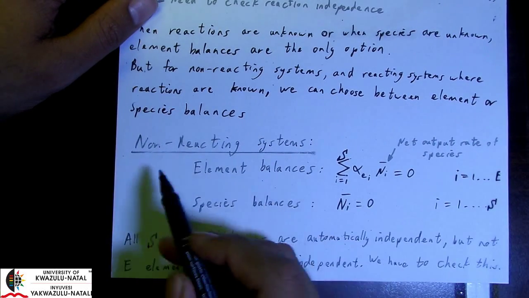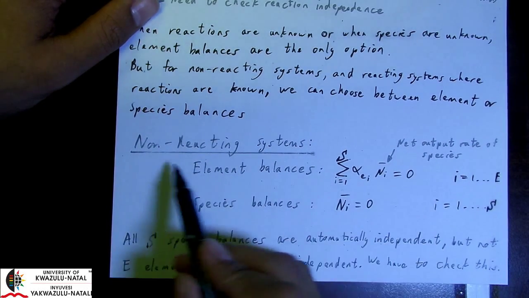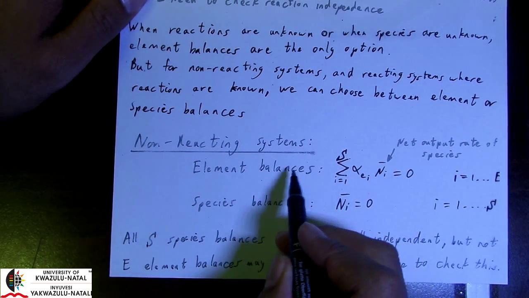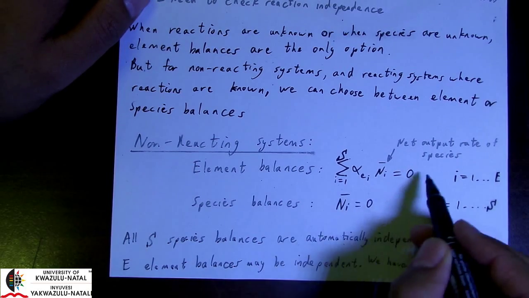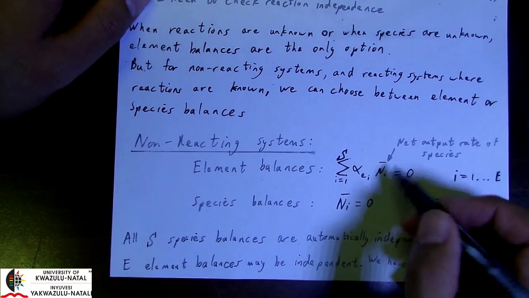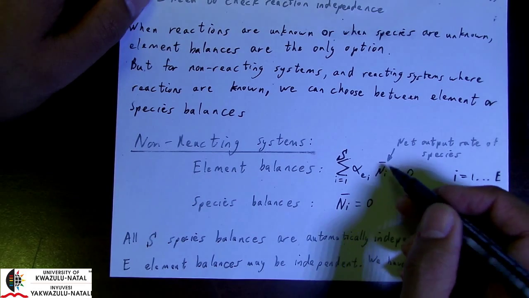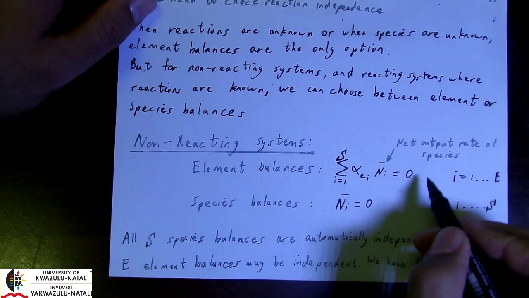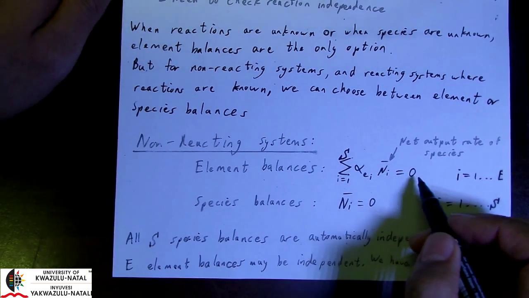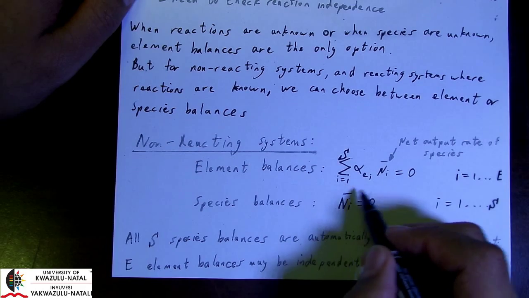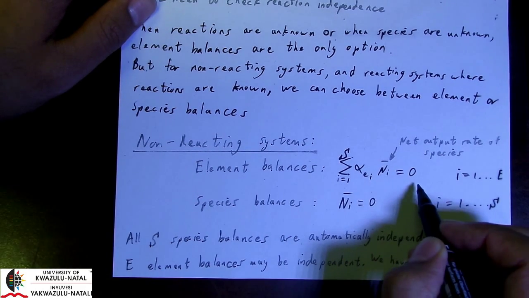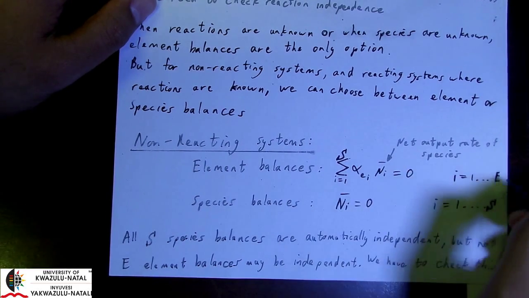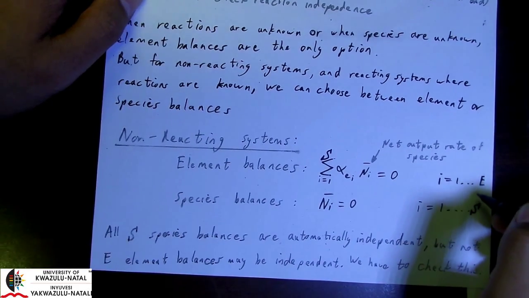Okay, and let's look at our equations once again for non-reacting systems. In the case of element balances, we have the following relationship, which is true. The net output rate of each species multiplied by the number of elements will ultimately equal 0. Okay, so at steady state, our elements are conserved. So this relationship is true for i going from 1 to E for E elements.